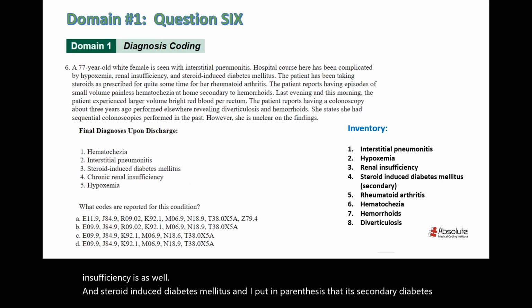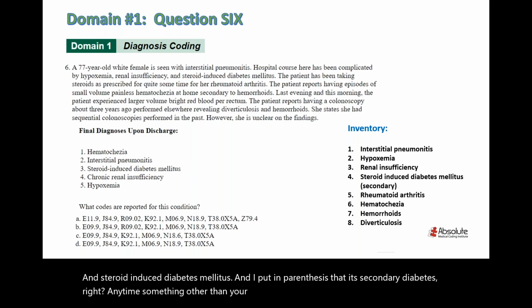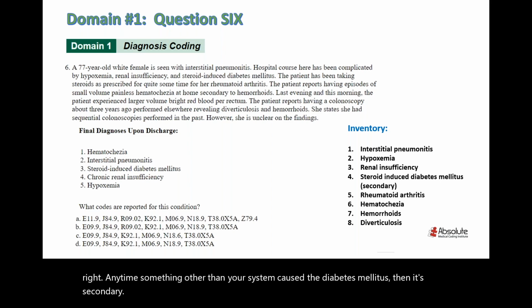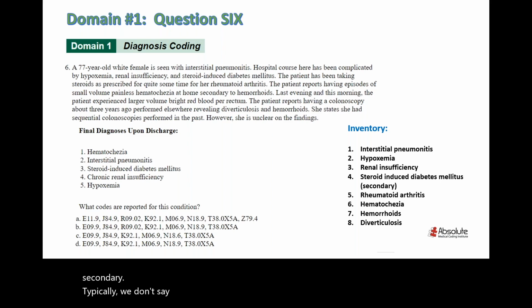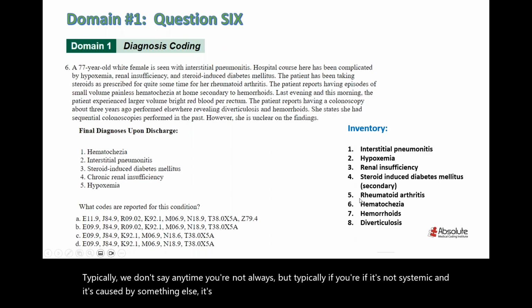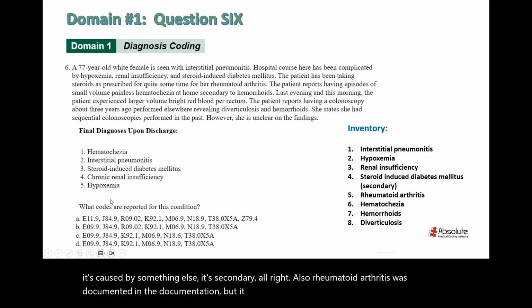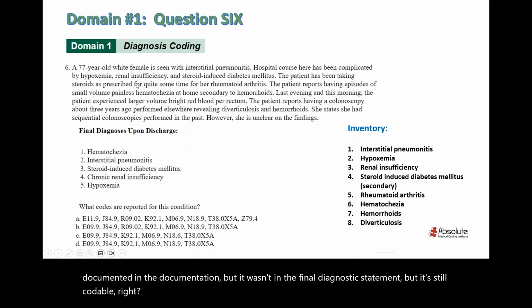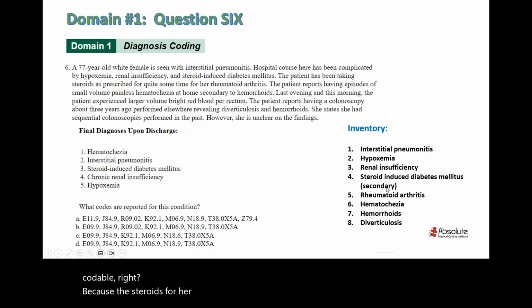Anytime something other than your system caused the diabetes mellitus, then it's secondary. Well, typically, we don't say anytime. You're not always, but typically, if it's not systemic and it's caused by something else, it's secondary. Also, rheumatoid arthritis was documented in the documentation, but it wasn't in the final diagnostic statement, but it's still codable, right? Because the steroids for her rheumatoid arthritis actually caused the diabetes mellitus.